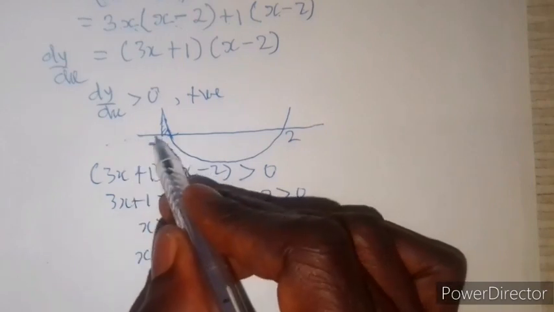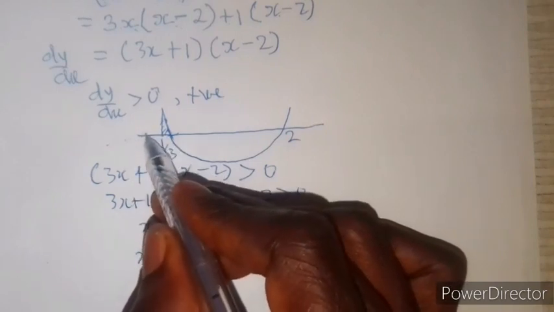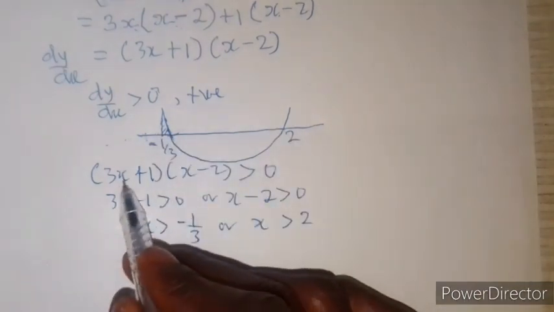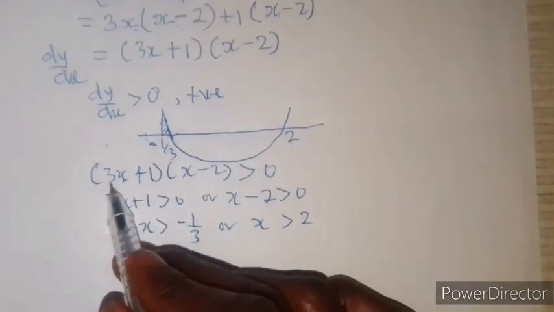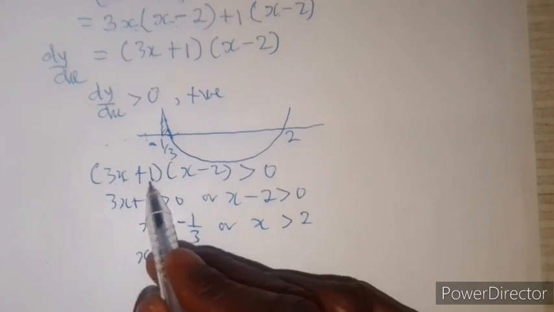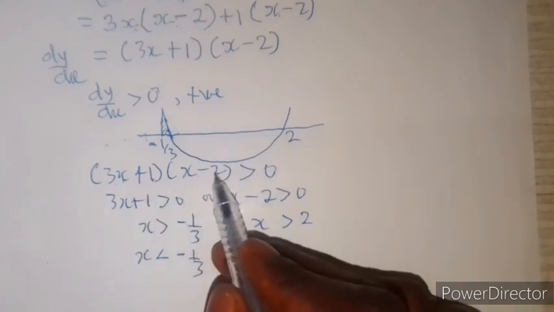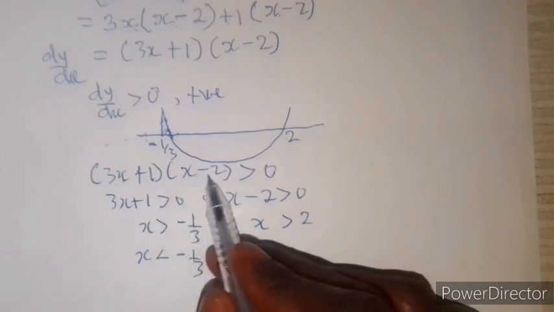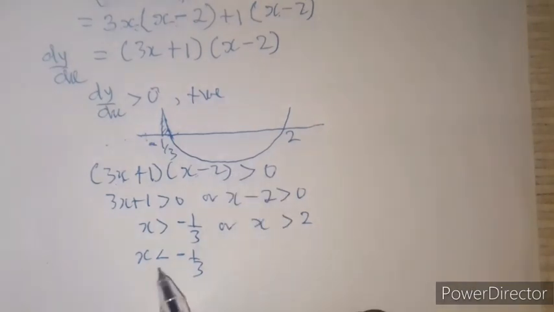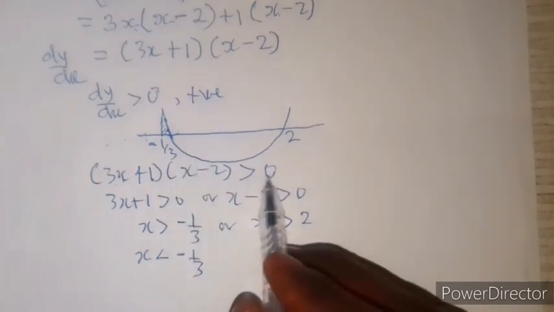If we take that minus 1 and plug it here, minus 1 times 3 is minus 3, minus 3 plus 1 is minus 2. Then here is minus 1 minus 2, which is minus 3. So we have minus 2 times minus 3, which will give us a positive number, which is greater than 0. So x less than minus 1 upon 3 is going to give us a positive value.